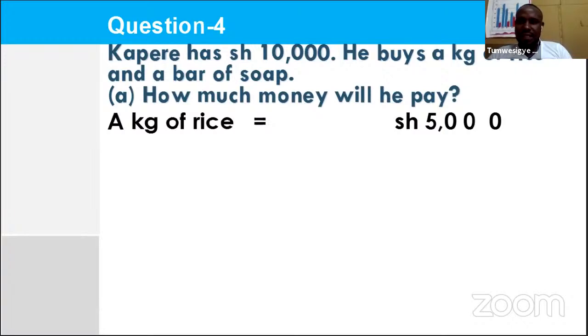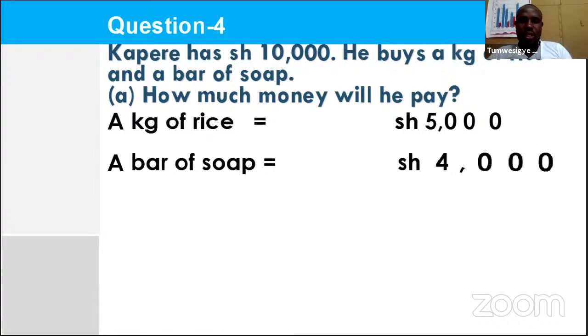Then next, what did he buy next? A bar of soap. We'll say a bar of soap costs shillings 4,000. What are we going to do? We are going to add. That's why we have put our addition sign there. I know it is small, but you can write a big one.